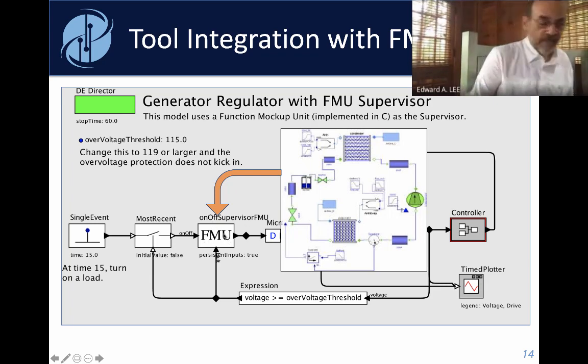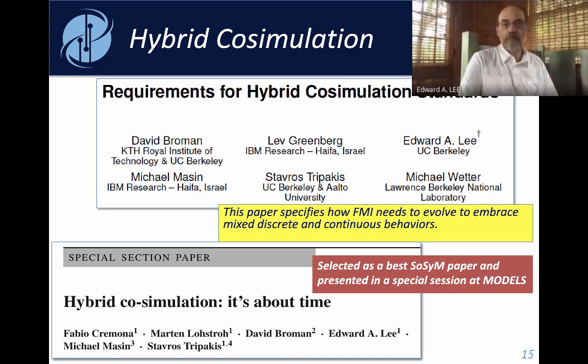And our focus, much more than the FMI effort, is on hybrid co-simulation. In particular, mixing the continuous dynamics with discrete mode transitions and discrete event systems. There's a fairly recent paper that goes into a deep dive into the fundamentals behind this. This is a requirements paper.